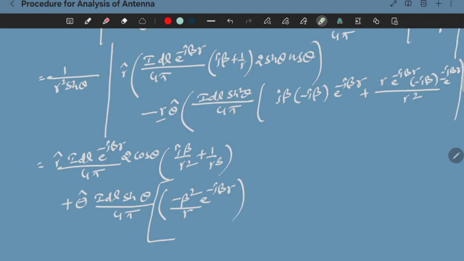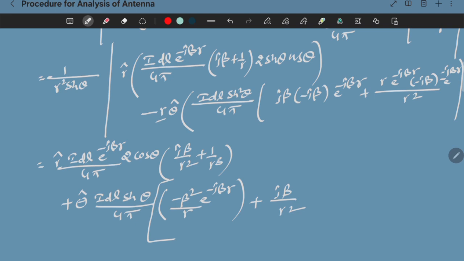And e power minus j beta r is already sent outside. So what will you get here? j beta by r square. 1 by r is coming actually.